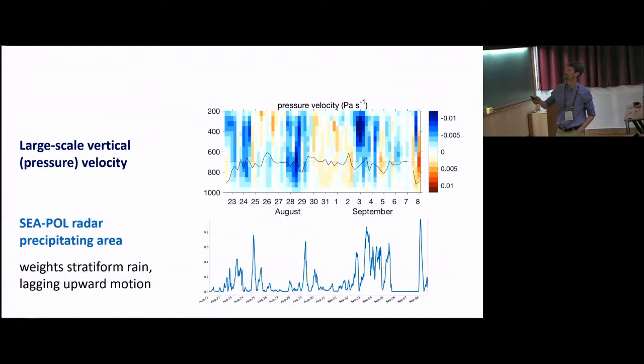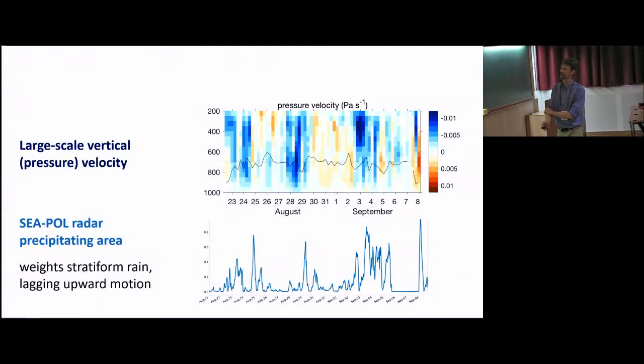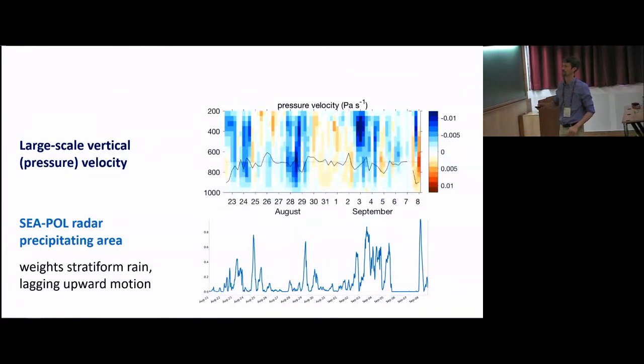And so this is the radar, the precipitating area from the SEA-POL radar that we had on the ship. You can see that these synoptic rising events are associated with stronger rain.